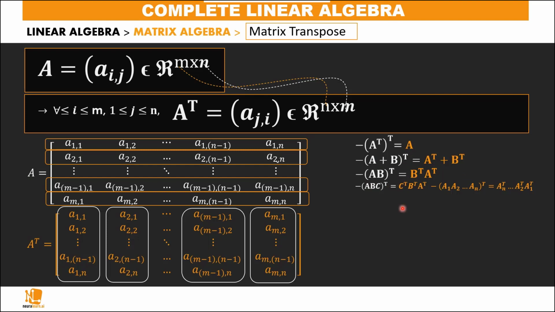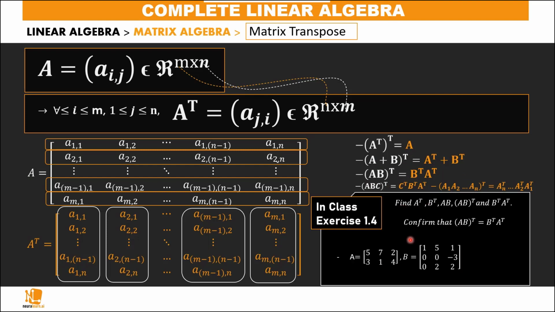Now you can test your knowledge by finding the transpose of the following matrices. So you will find A transpose, find B transpose, find AB, find AB transpose, find B transpose times A transpose. Then you can confirm that AB transpose equals B transpose times A transpose.